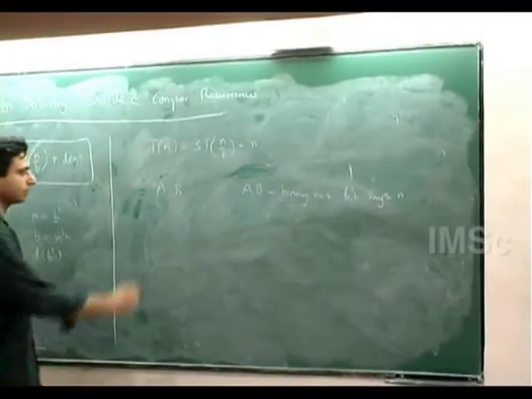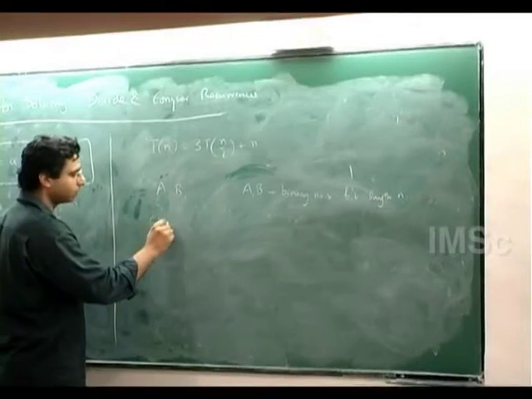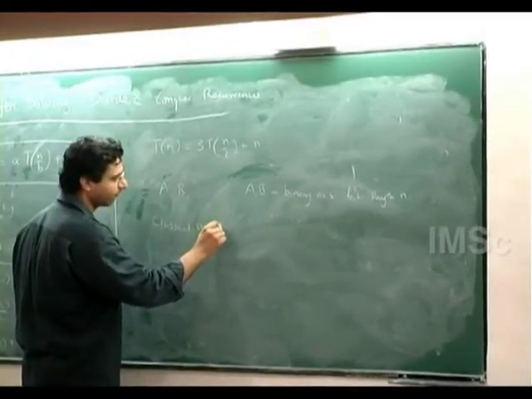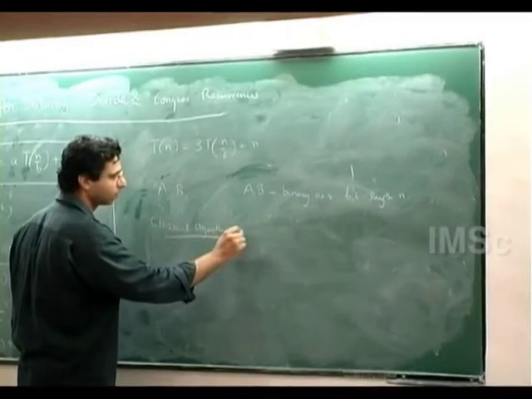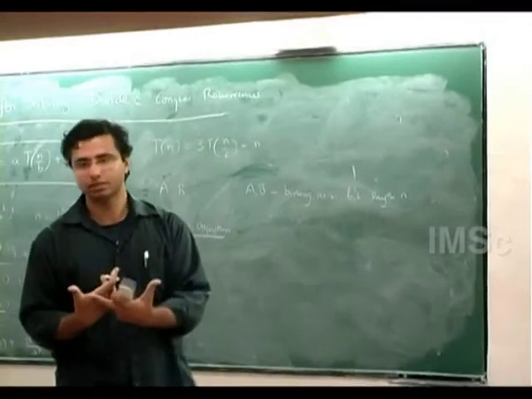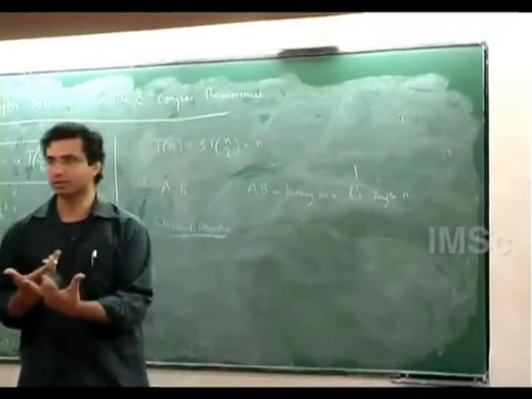Then we know the algorithm for multiplying these two numbers. What is the complexity for multiplying two n-bit numbers? It's roughly order of n square, right?